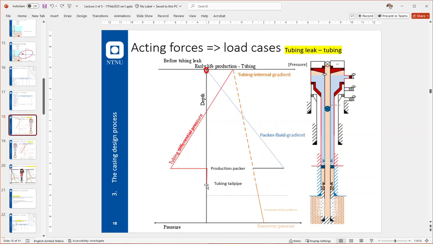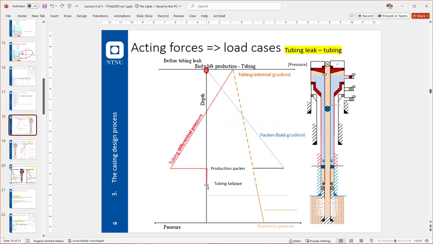I'll explain. That is well construction, and it ties into casing design. There are two things to consider. One, and that's quite quick, is corrosion. We have a different material quality in the tailpipe than in the whole of the tubing.